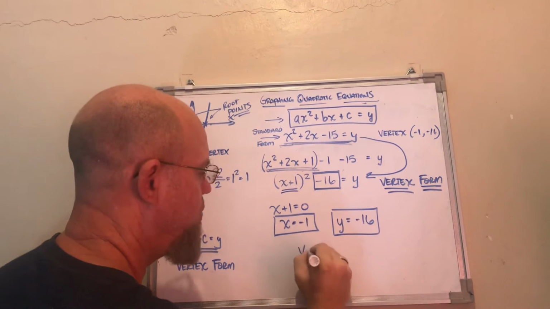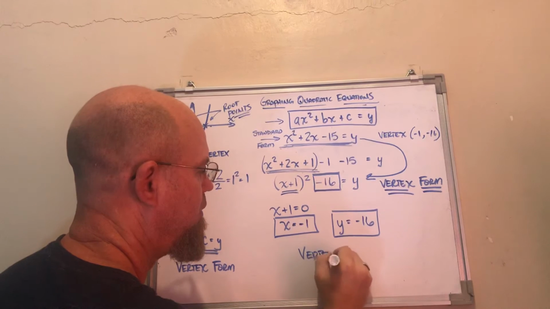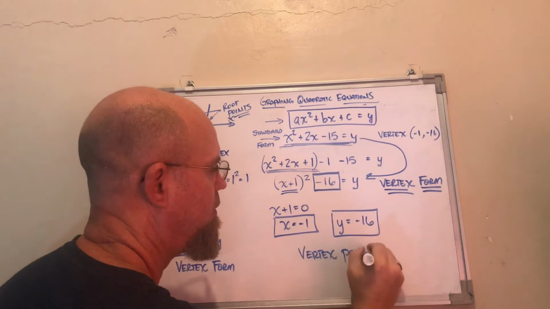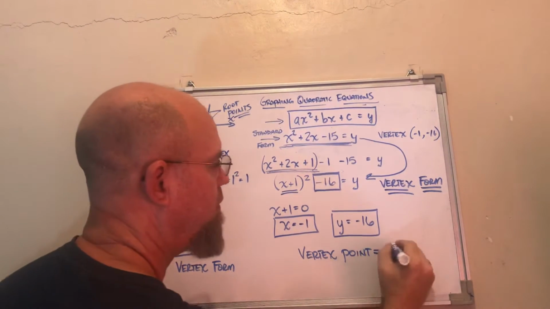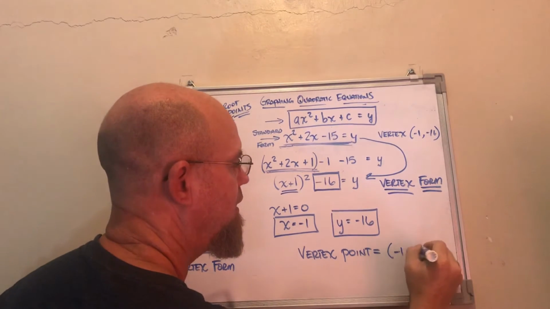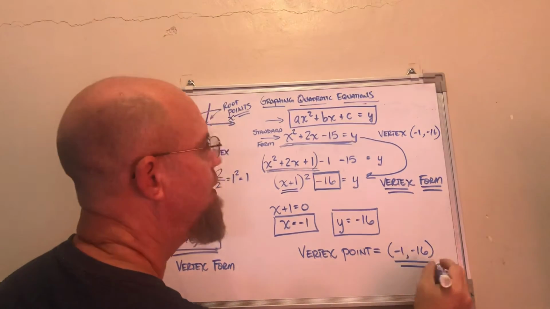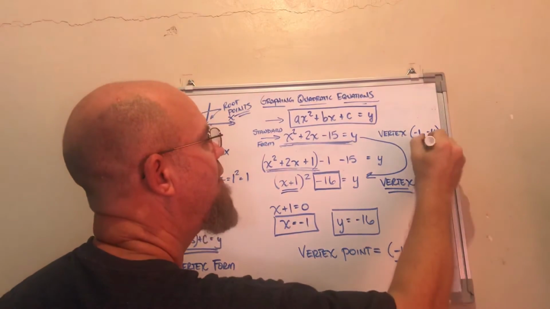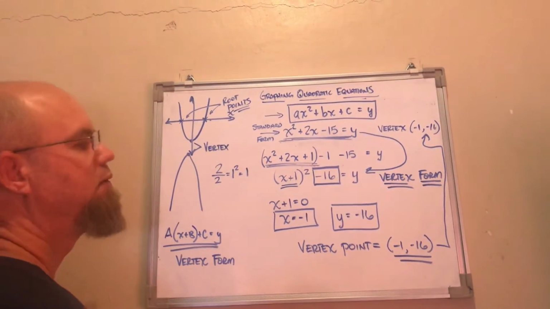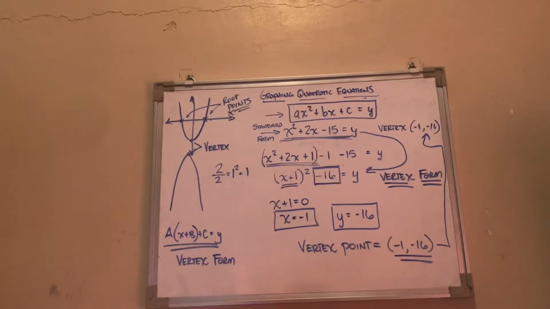So our vertex point is -1, negative 16. Well, is that the same as that guy right there? Sure is. It's identical, right?